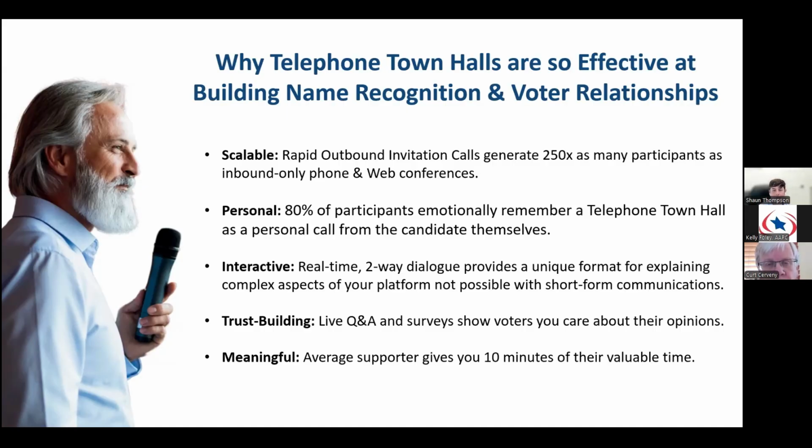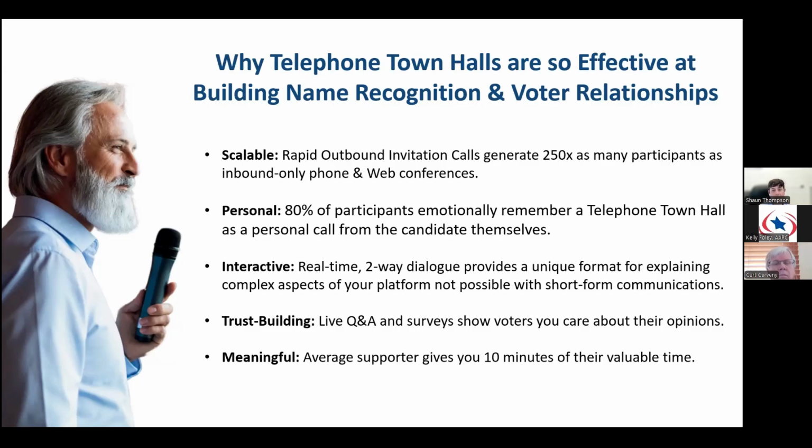And then the other thing that's really important to building name recognition and building relationships is this two-way back and forth dialogue, which telephone town halls are one of the only platforms that can do this. With other short forms of communication, it's really difficult to explain complex issues or more nuanced issues. But with the back and forth dialogue, this long form of communication, it's easier to explain the more complex issues in your platform.